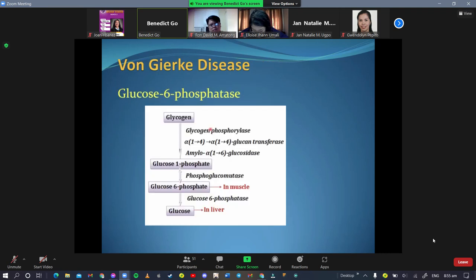You will study this in further units ahead, but just take note as early as now that when you break down glycogen, ultimately you will need the enzyme glucose 6-phosphatase to remove the phosphate from the glucose so that it can be utilized. Without this enzyme, you'll have accumulation of glucose 6-phosphate. And I'm sure you've read in Harper's already what the symptoms and the disease progression are for von Gierke's disease.